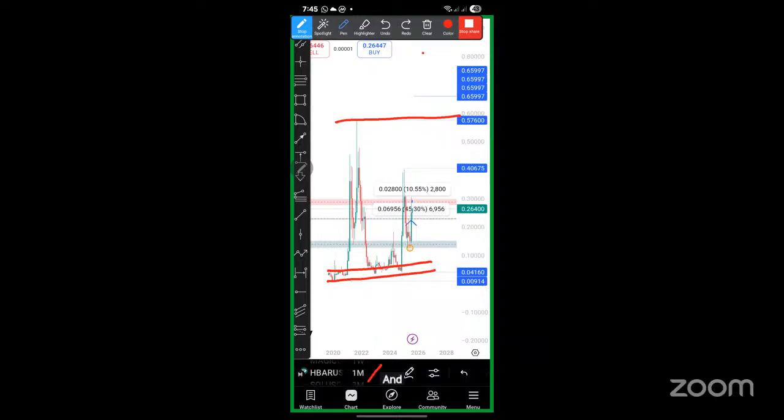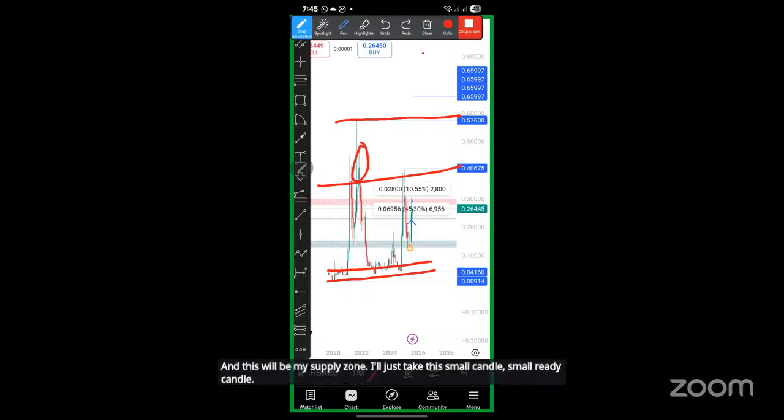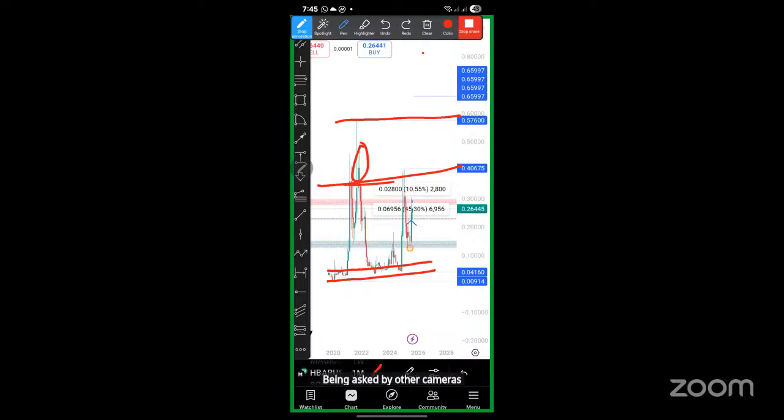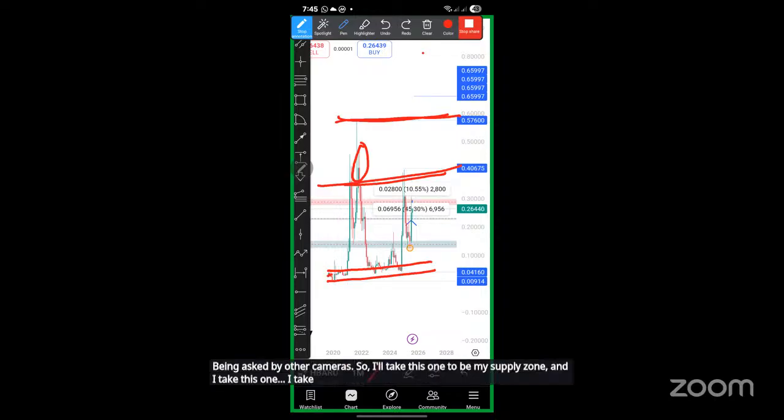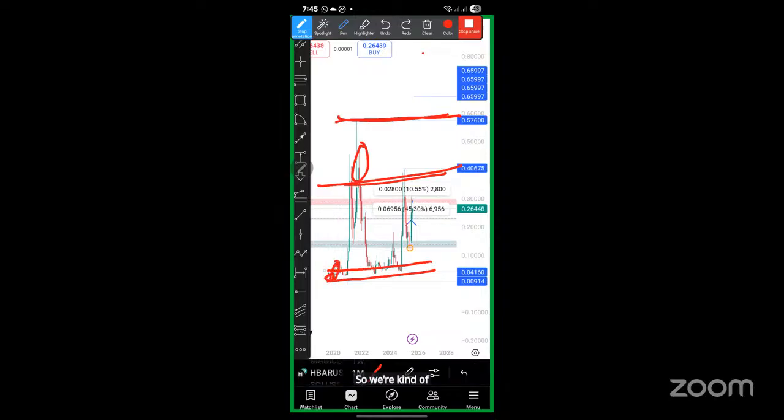I'll take this small red candle, being engulfed by other candles, as my supply zone. And I take this small candle here with a big volume candle, and I name this one my supply zone.